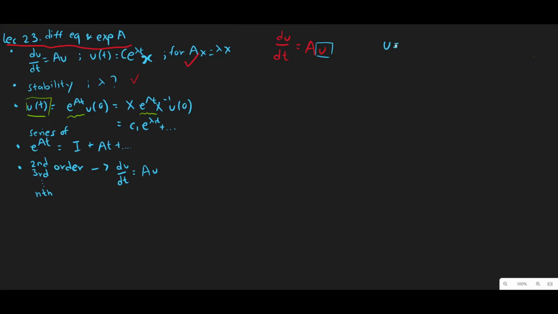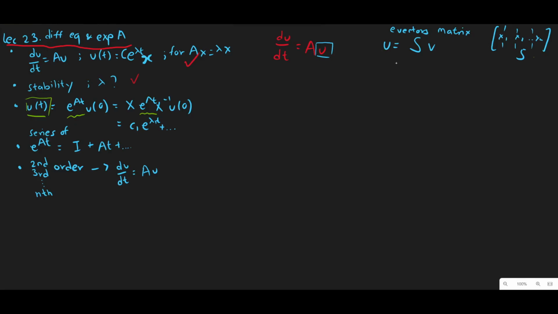So we have u equals S v, where S is the eigenvector matrix. It's just all the eigenvectors together in the columns.